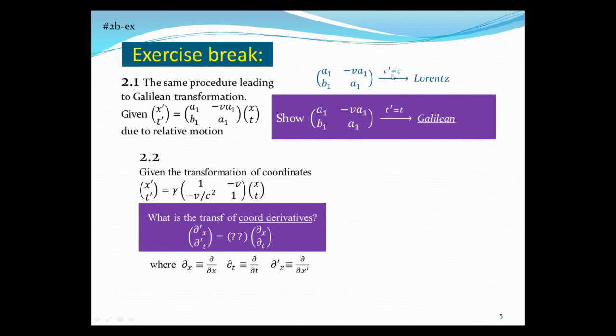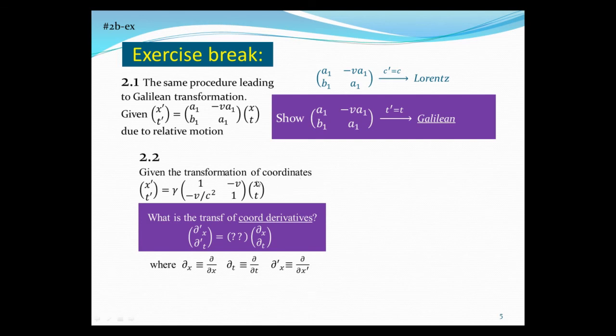Remember, then we imposed c prime equals c, and we got the Lorentz transformation. So instead, if we impose t prime equals t, in which we impose absolute time, then you should show that this reduces to the Galileo transformation.